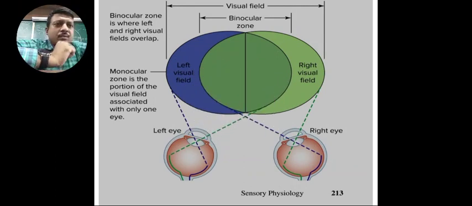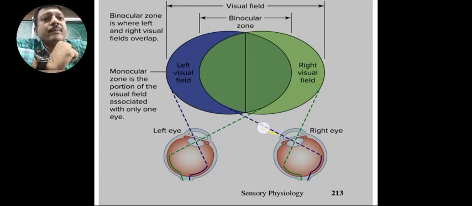Now this picture is showing the binocular field of vision. I have told you the peripheral retina, the temporal part, is responsible for the nasal side of vision, and the nasal part is responsible for the temporal side of vision.